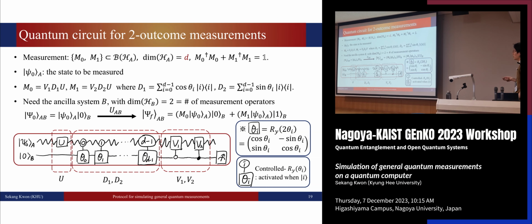And this controlled gate means a controlled rotation Y gate of theta I, and it is activated when the control state is in the I state. So system A is a QD system, so we have D kinds of controlled gates like this.